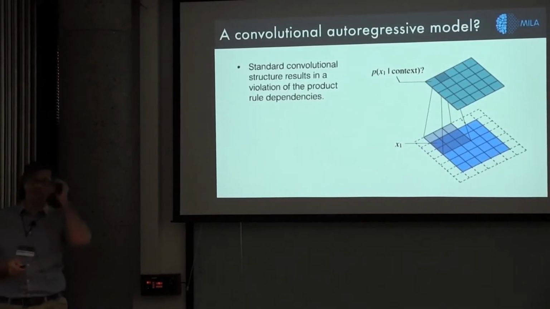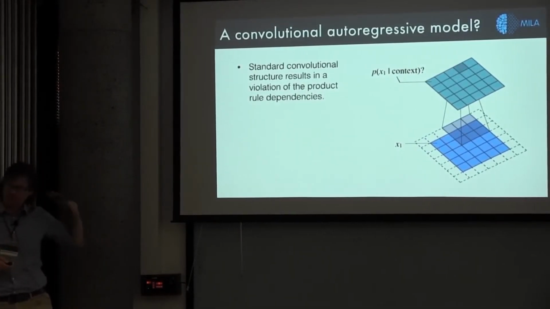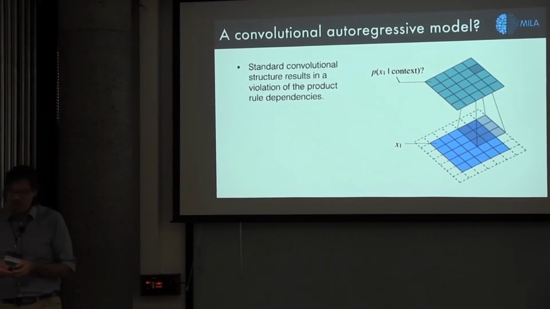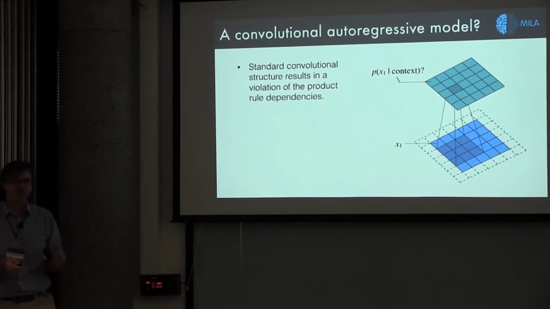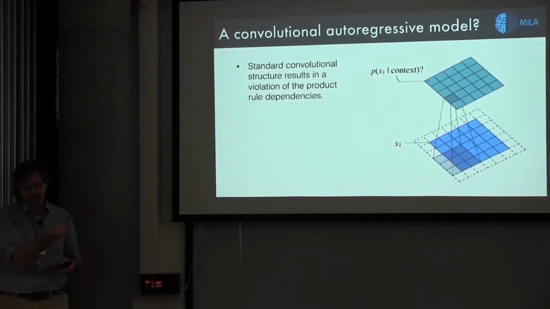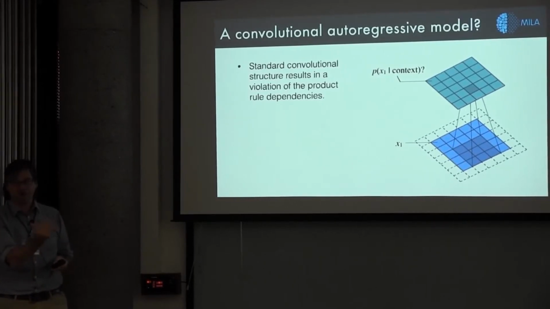The problem is if we just blindly think, let's just throw a convolutional neural net onto what we've done with NADE, great, we're done. Well, the convolutional structure, as I've described it here, doesn't respect the ordering required by the joint probability that the product rule gives you.